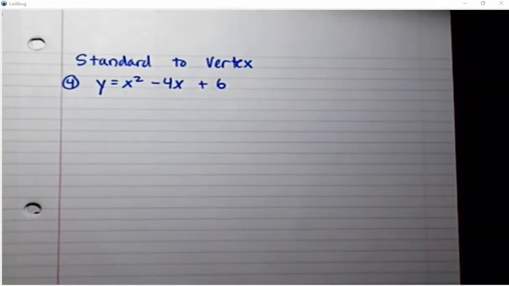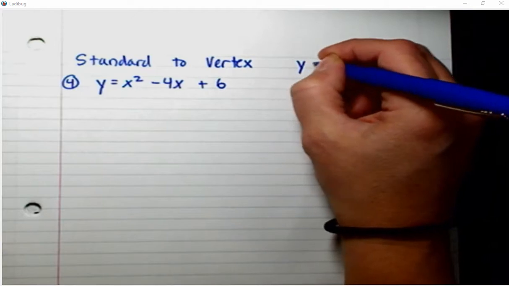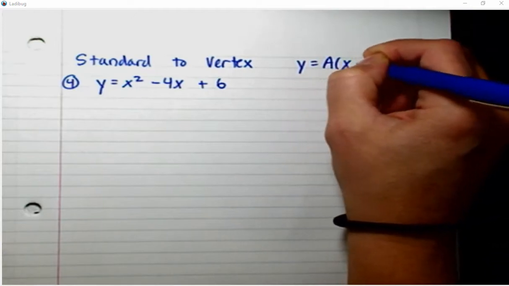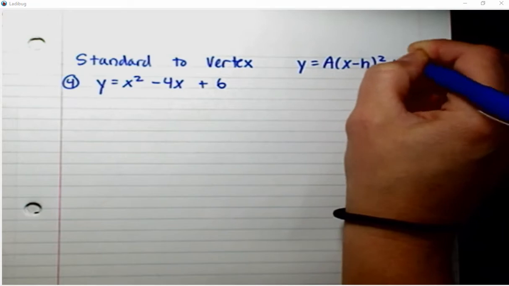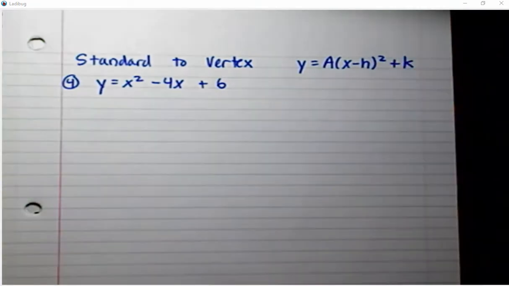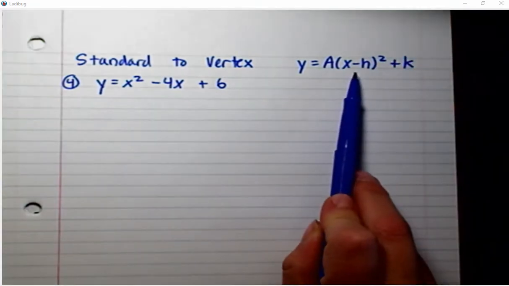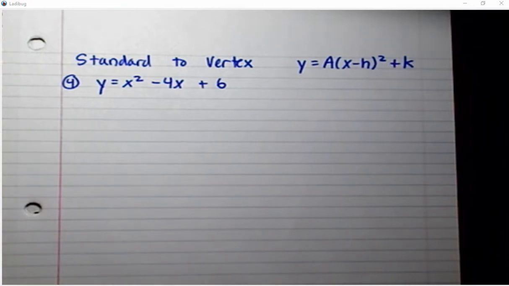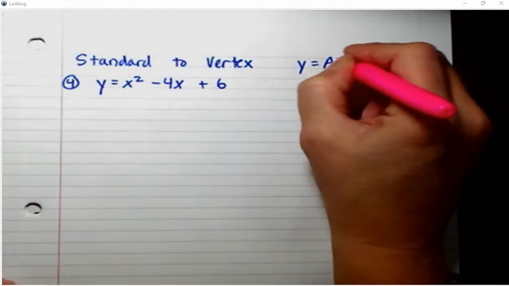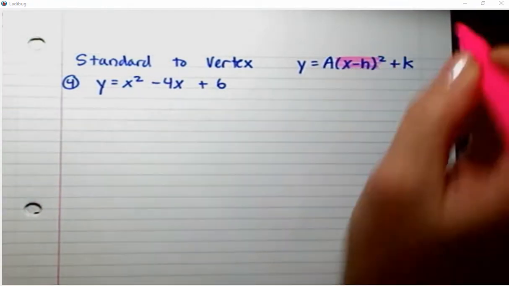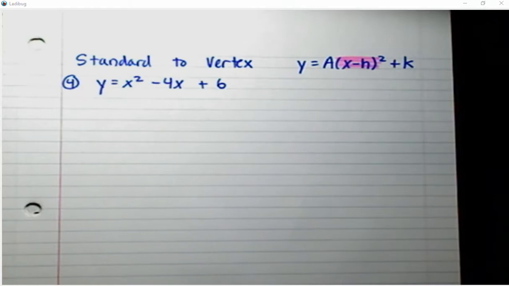Okay. Vertex form has this. Okay, I'm going to write my vertex form here. Vertex form has a perfect square. So what I'm doing is I'm going to try to end up with this perfect square, which uses complete the square.